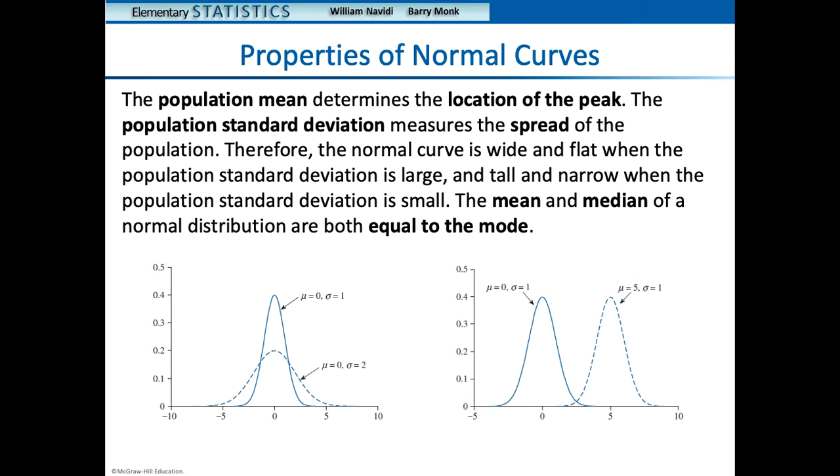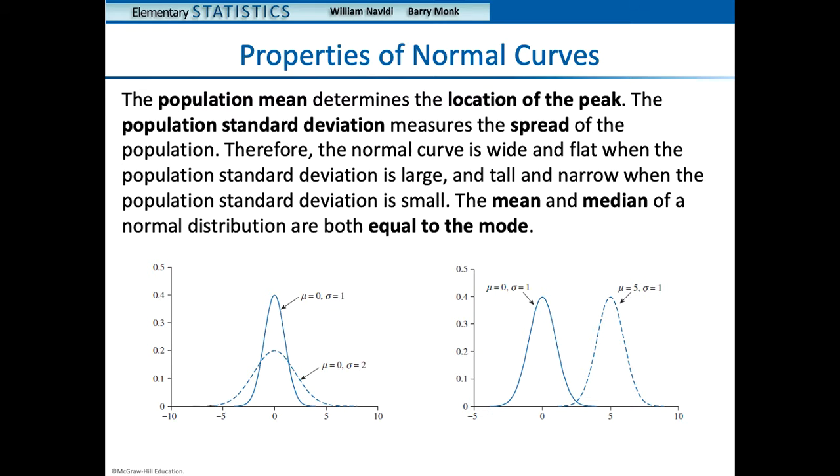They're all symmetric. They all have that peak right in the middle. But the way they differ from each other is that they can be kind of tall, skinny, or short and spread out, right? All of these things can happen, and the curve can still maintain its characteristic bell shape.